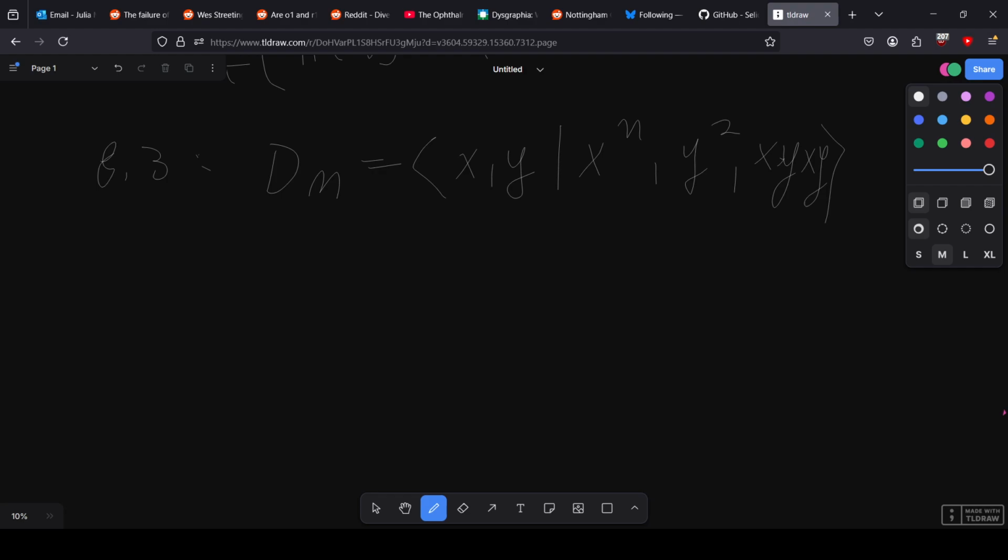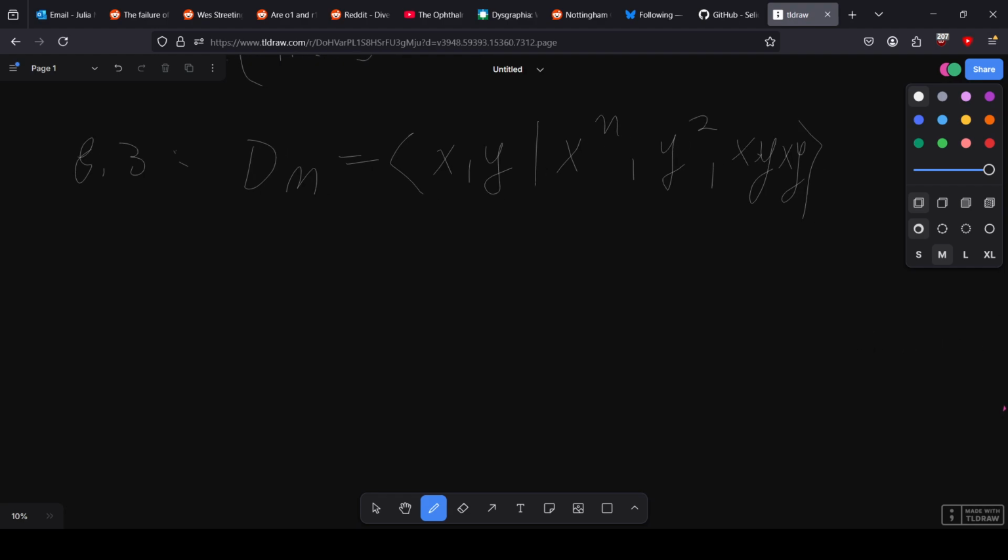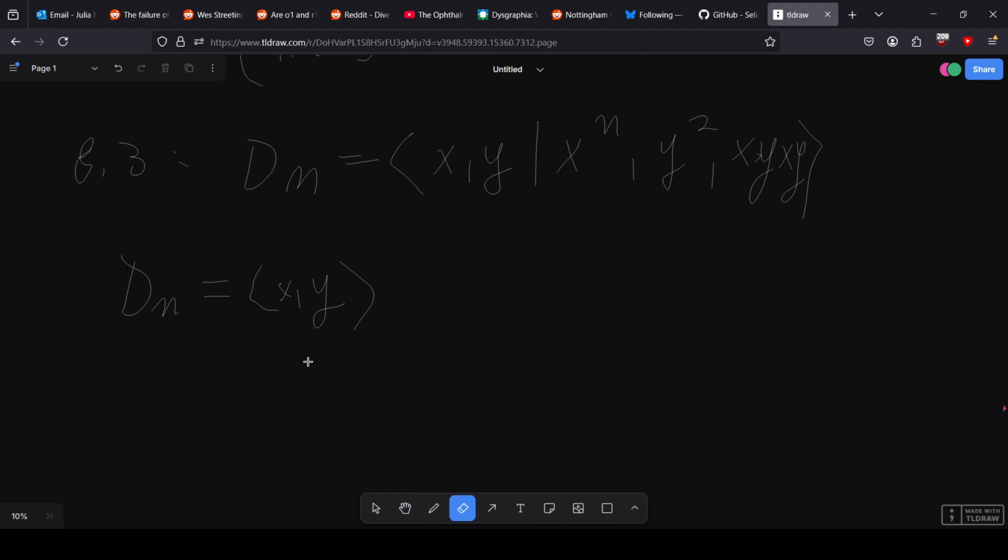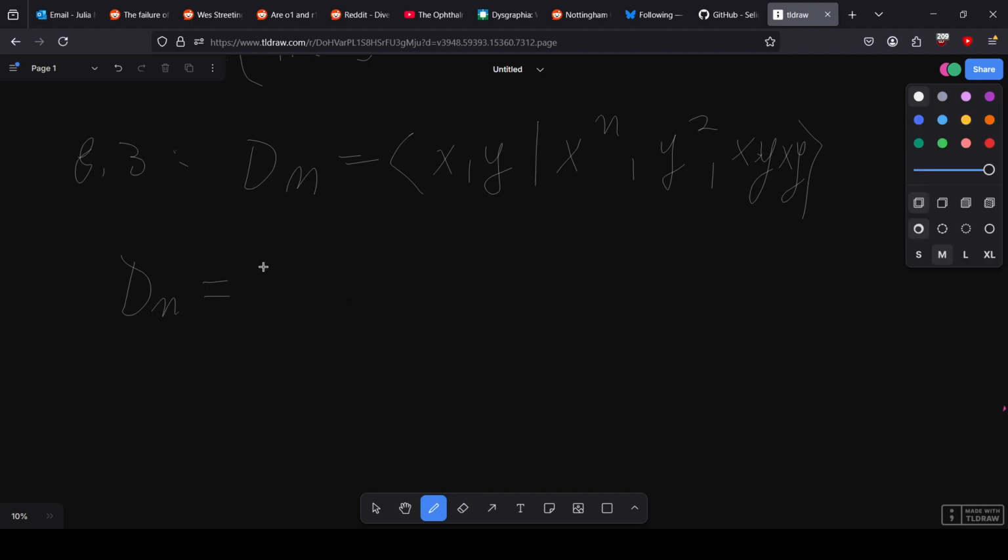So, it was shown much earlier in the book that Dn is in fact generated by x and y. Now, we could do this via looking at the symmetric group, and this is what I would personally do here, as there is a decently clear definition of the dihedral group as a subgroup of the symmetric group on n elements.